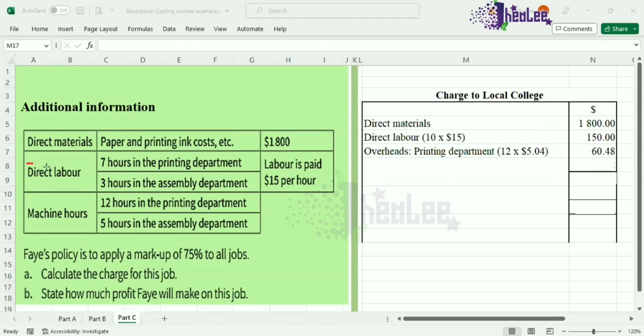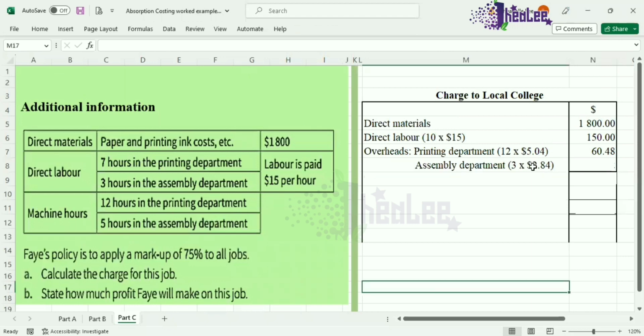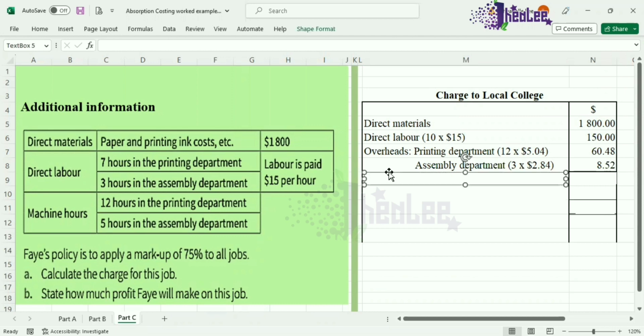And remember, they use labor hours, and the amount of hours associated with the assembly department are 3 hours. So for our calculation, it's the 3 hours multiplied by $2.84, which is the overhead absorption rate, and that gives us a result of $8.52.